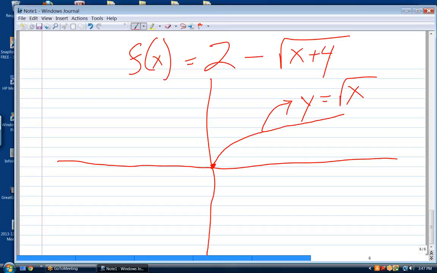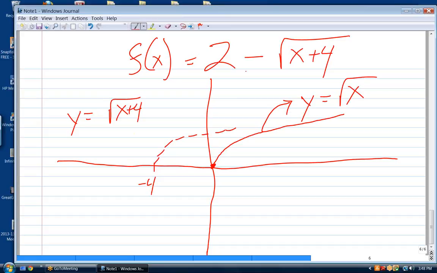So let's talk about the easiest thing first. What does this 4 do? Plus 4 shifts the graph to the left 4? Yes. Okay, so if this is minus 4, and I wanted to plot y equals square root of x plus 4 all by itself, it would look like that.